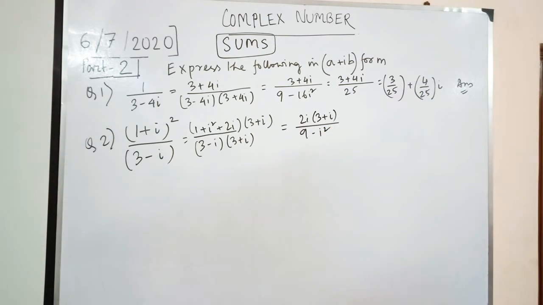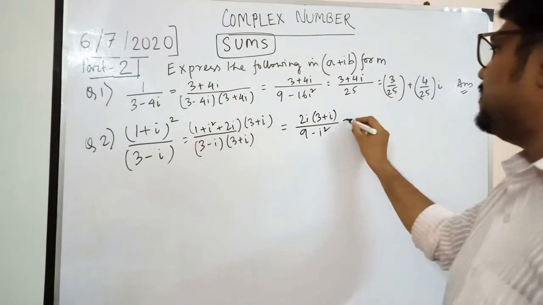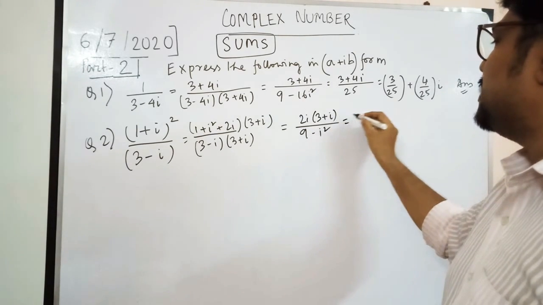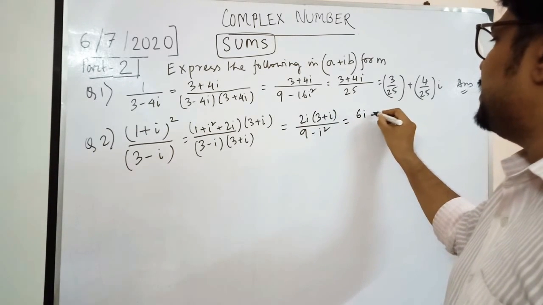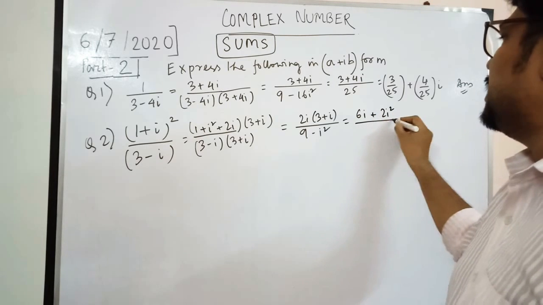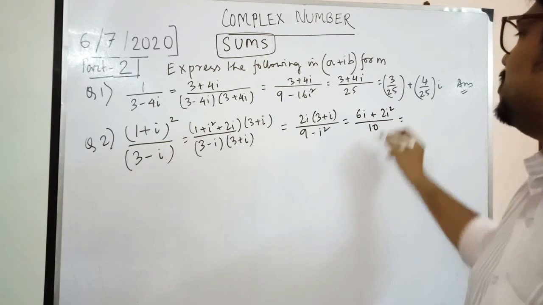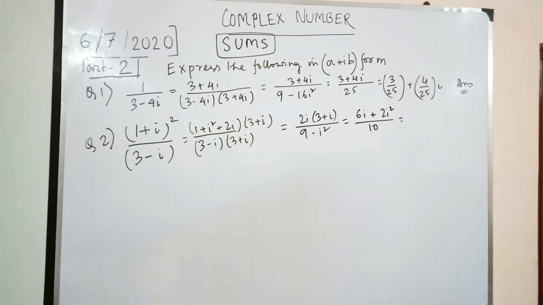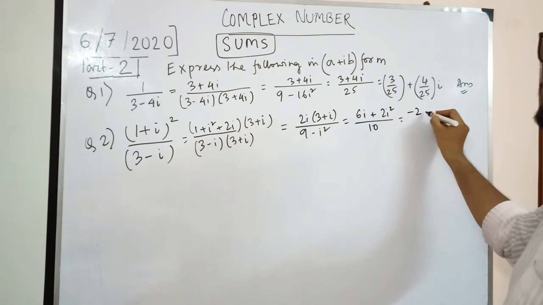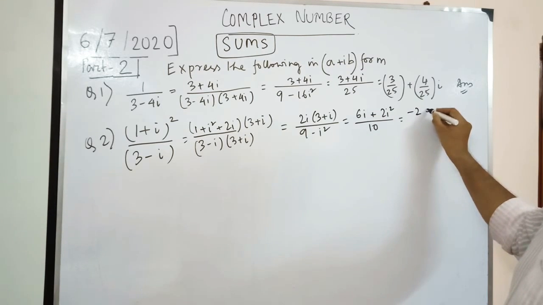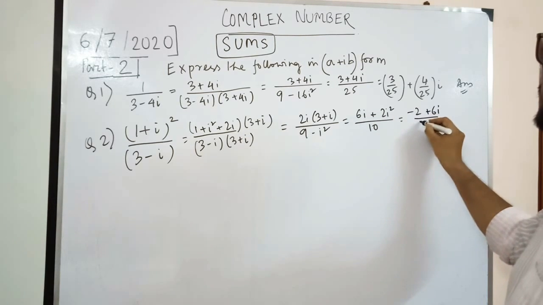So i square is again minus 1, so you will get a 10 over here. The above thing is 6i plus 2i square, over 10. So 2i square is how much? 2i square is minus 2. Then plus 6i by 10.